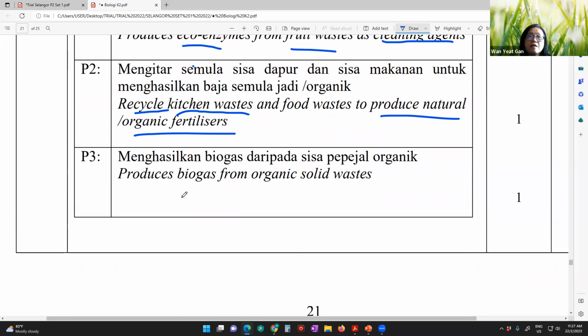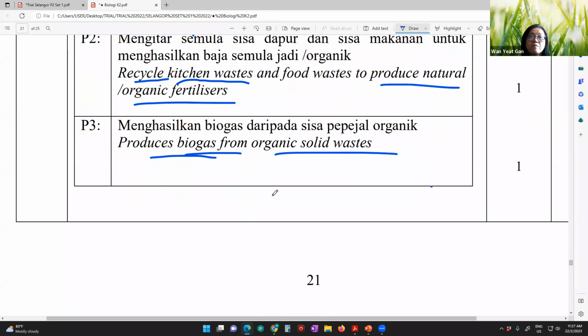Okay, next, in certain countries, biogas is also produced from organic solid waste. Maybe not in our country so much, but in certain countries, households actually produce biogas. Next is to produce flour from banana peel.